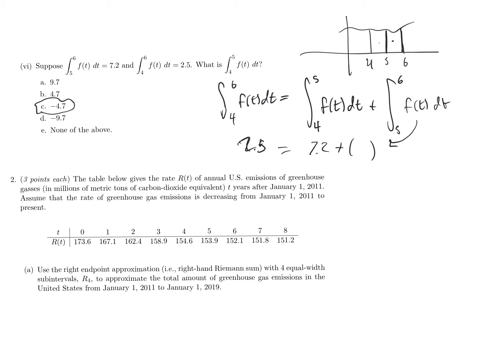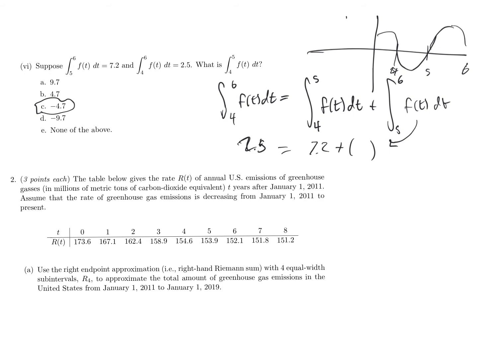And that's okay. It just means my picture's wrong, that the function actually dips below the x-axis, and it looks something like that. And this is 4 to 5, and 5 to 6, something like that.